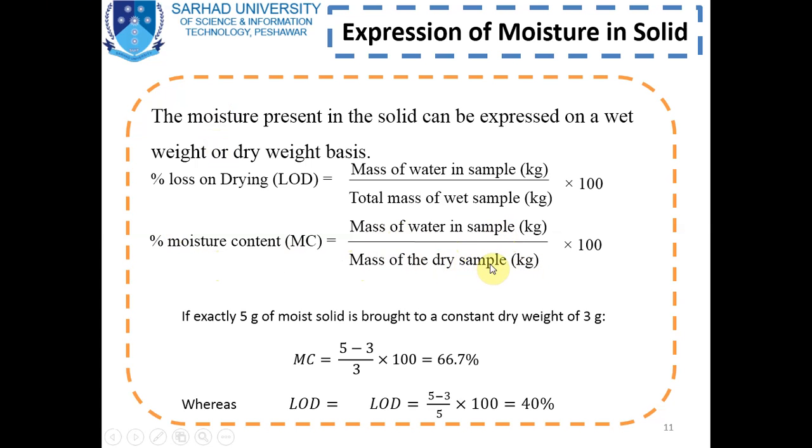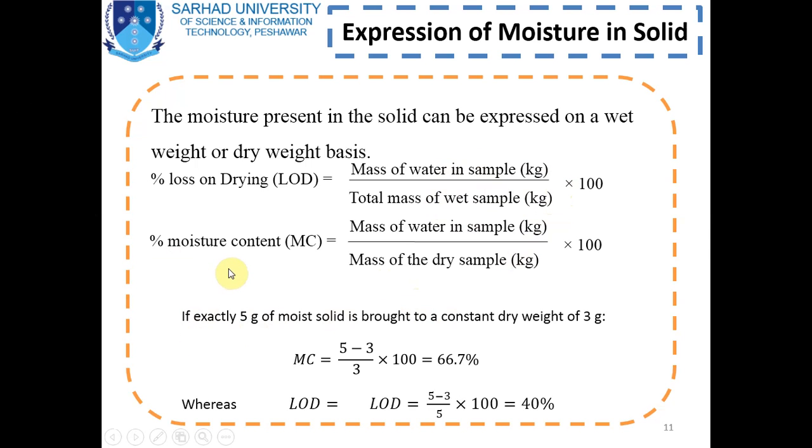That is the dry weight basis of expression of the moisture content present in a solid material. In both formulas we multiply by 100 because we are going to determine either the percent LOD or percent MC, which is used for the percentage.